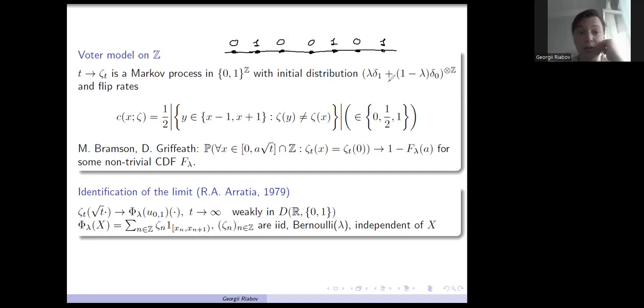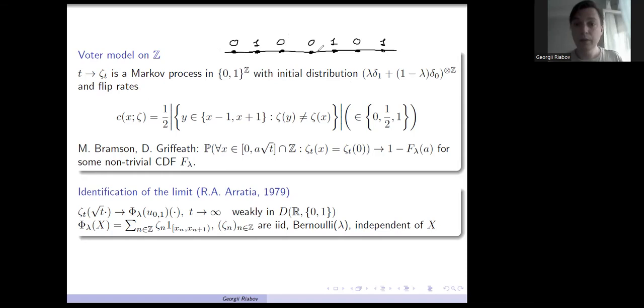So this process has some initial distribution that depends on the parameter lambda, which is the probability to choose one at every integer at time 0. And then this process evolves as follows.